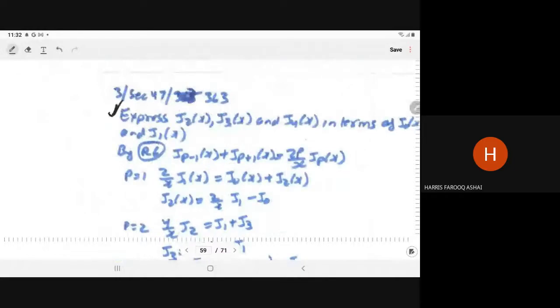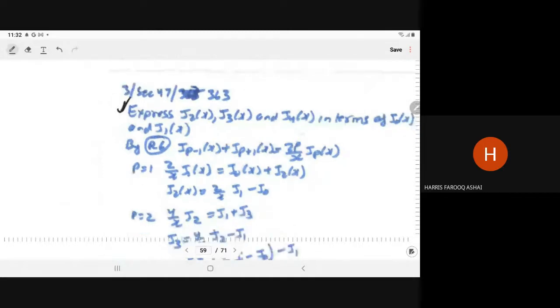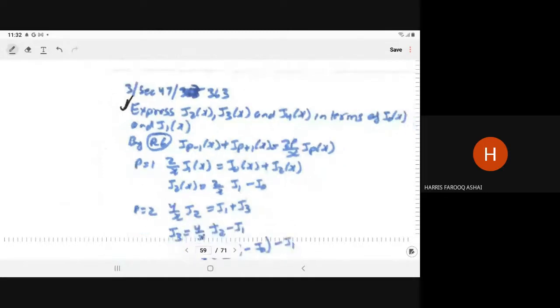Then, express J_2, J_3, J_4 in terms of J_0 and J_1. Using recurrence relation 6, we have J_(p minus 1) plus J_(p plus 1) is equal to 2p upon x J_p. And we know the values of J_0 and J_1.